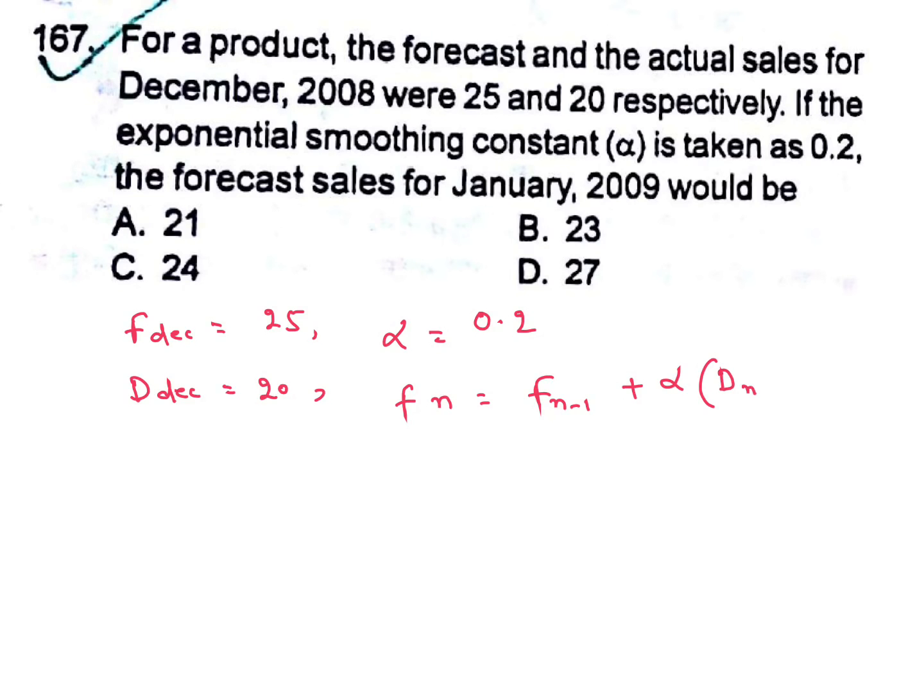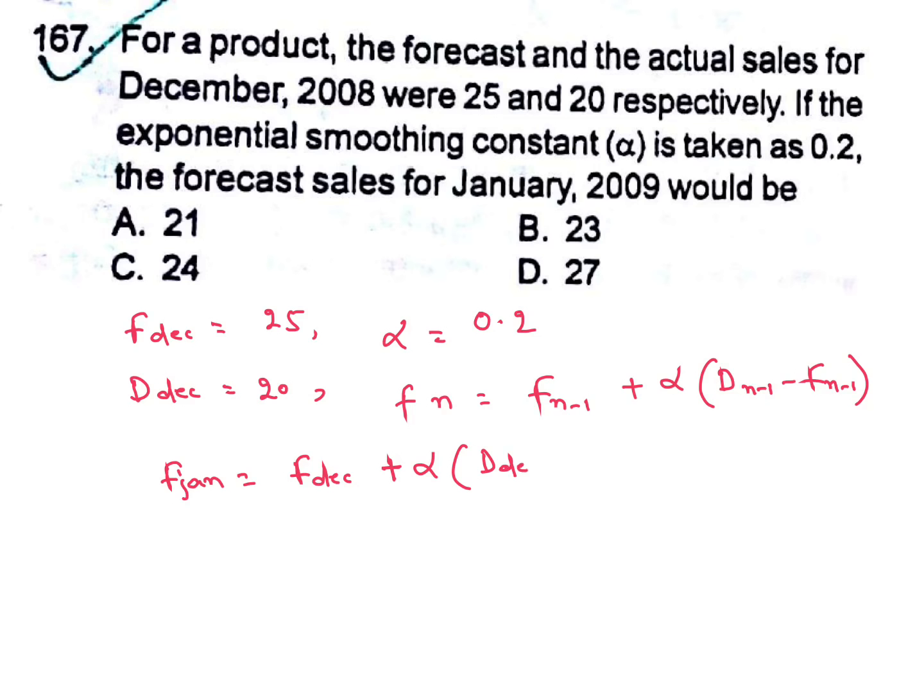So F January equals F December, forecast for December, plus smoothing constant into demand for December minus forecast for December.